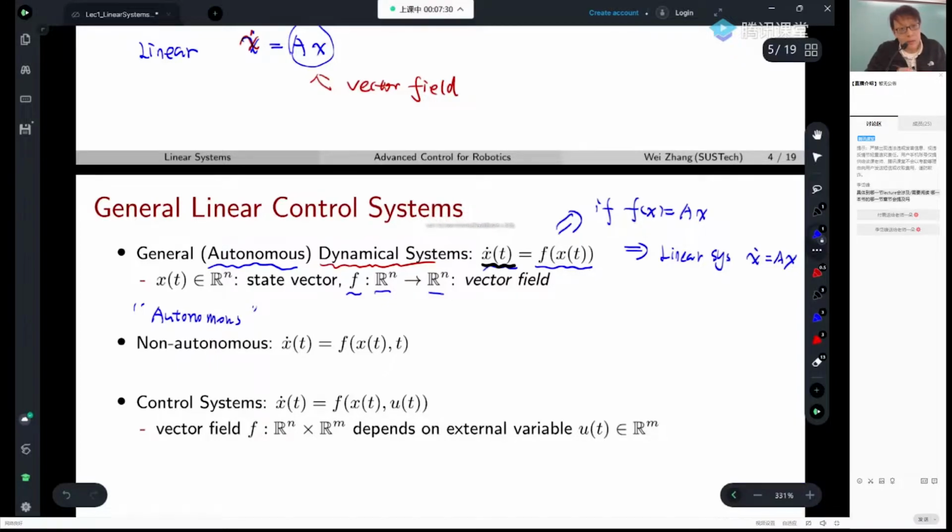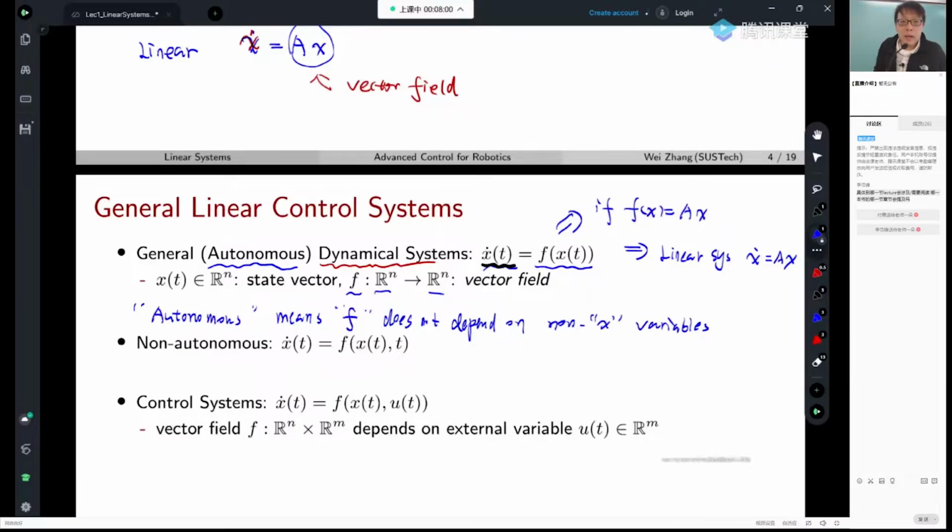An autonomous differential equation means f, the function, the vector field, does not depend on non-x variables. In other words, the function is fully specified if you tell me your state vector.